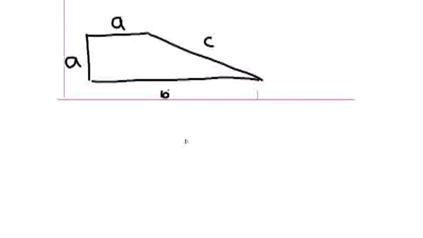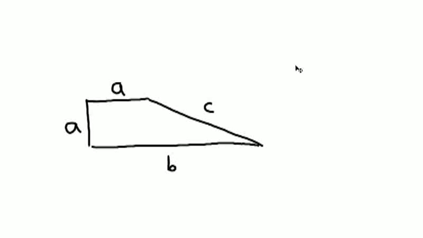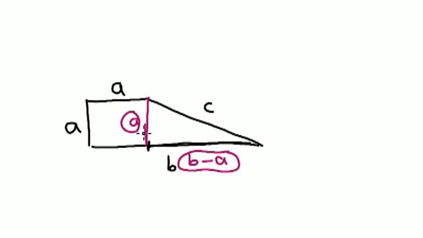Okay. So hang on. Let me do this again. The way we do this is just to cut this up, and this length here is actually B take away A. Okay. So now we just need to get A here times this bubble here, and then divide by 2.